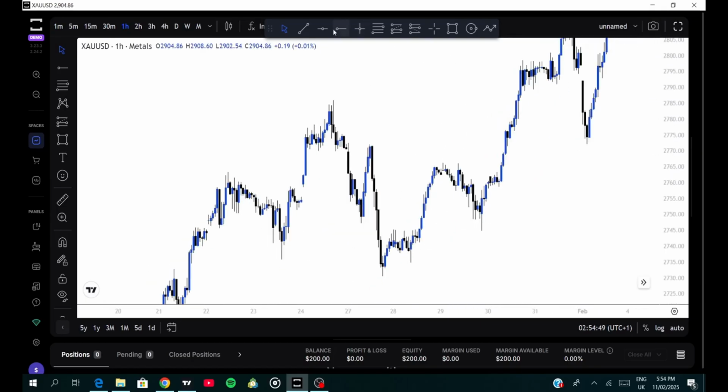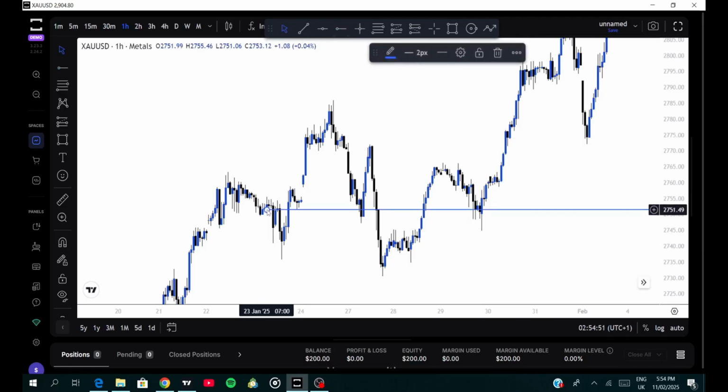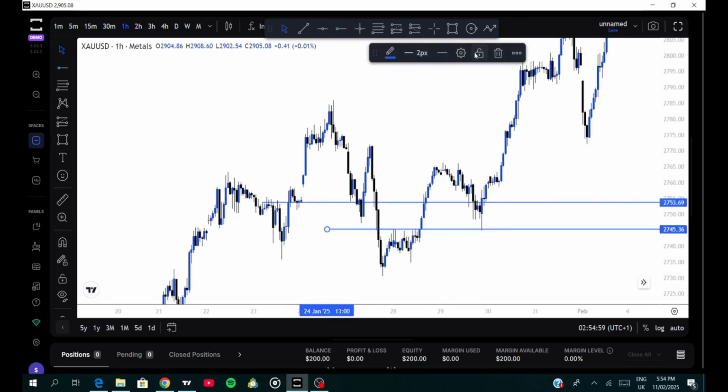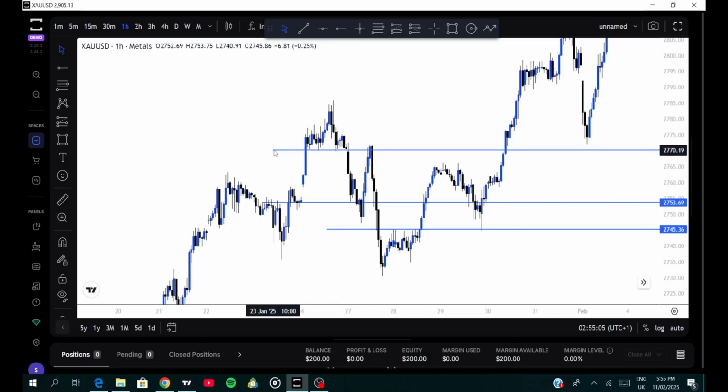Let's go over this one where the market broke this level of resistance, which is here. They came back to these previous structure points, which is here, 27.45, and my target for this trade was this level of resistance over here, which was 27.70. The risk reward will depend on your entry level.